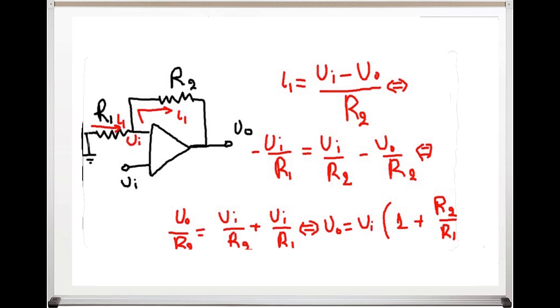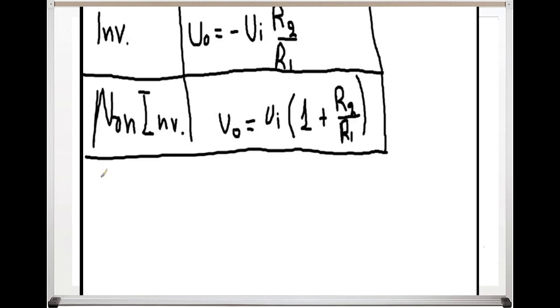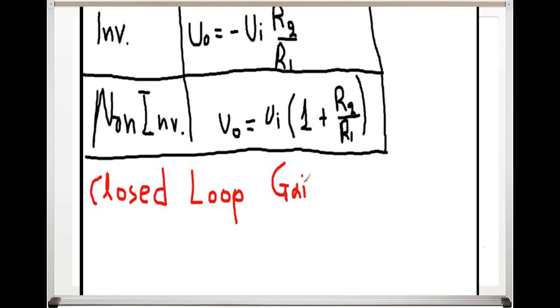I mentioned earlier in the video the open loop gain of the operational amplifier, which is too big or even infinite. The closed loop gain is defined as V out divided by V in.